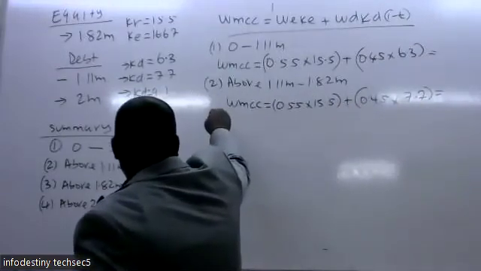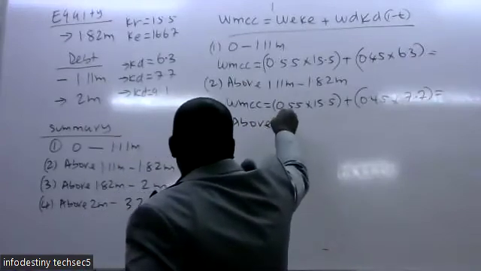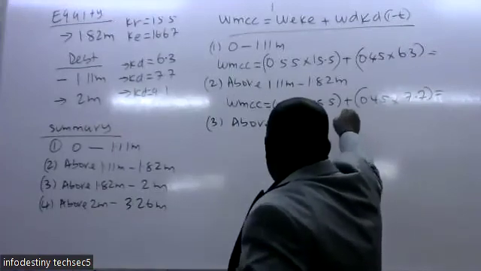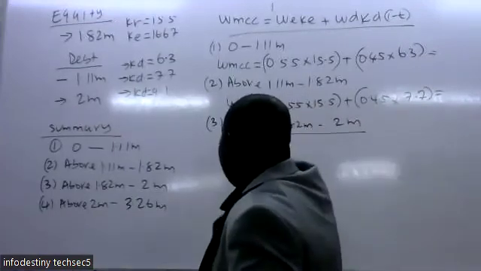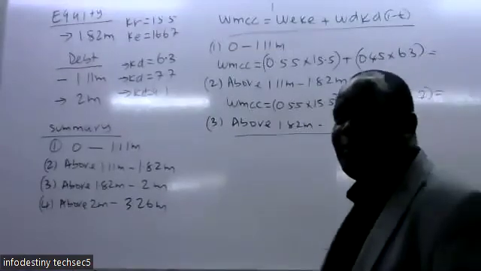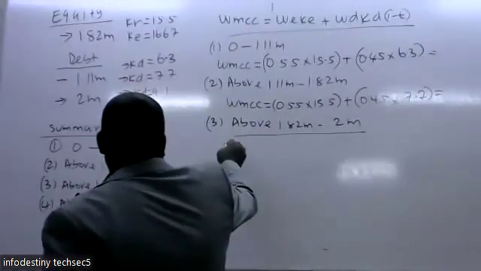Now we go to number 3. Number 3 now is above 1.82 million. Now we will use the ordinary shares. So for this one, we will be using the ordinary share because we are above 1.82.